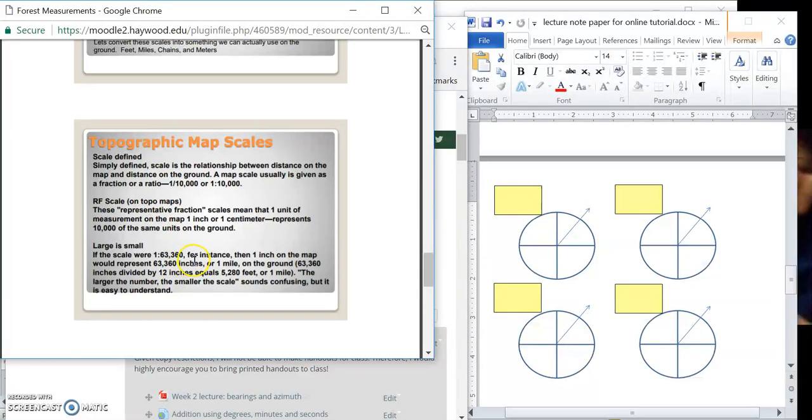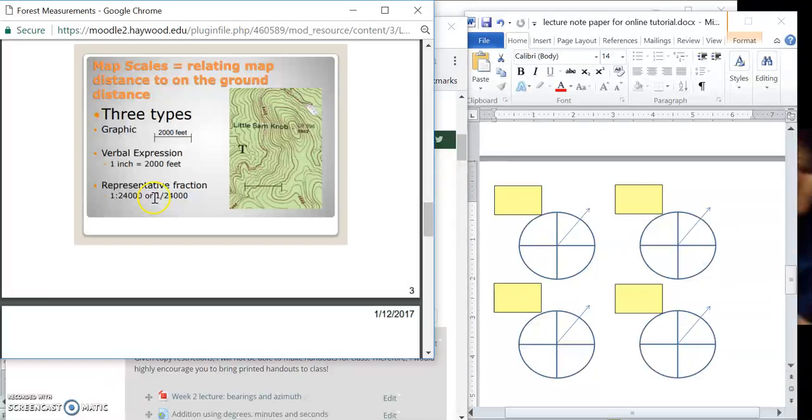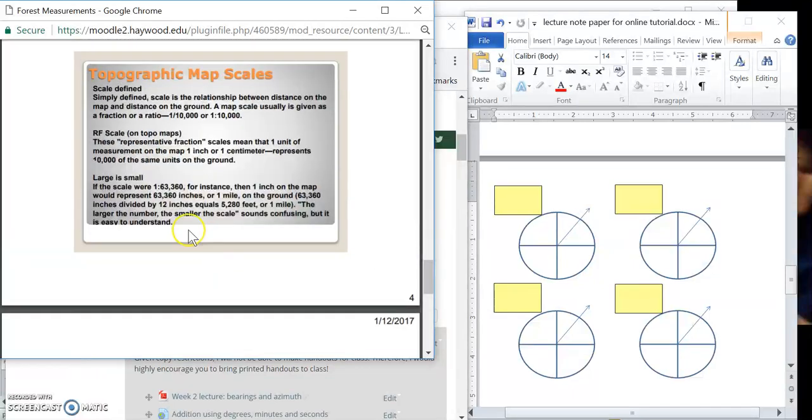And if you think about it in terms of this number right there, if you take a look at that 1 to 24,000 scale and compare it to, let's say, the one that's given here, okay?